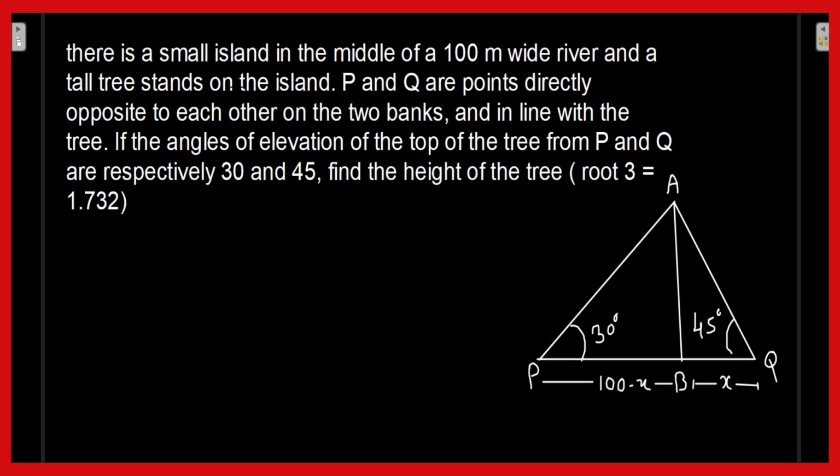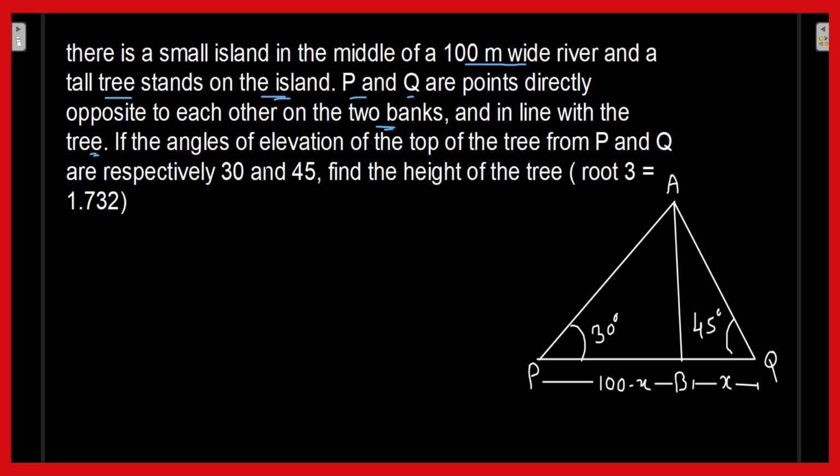Now here the question is, there is a small island in the middle of a 100-meter wide river, and a tall tree stands on the island. P and Q are the points directly opposite to each other on the two banks and in line with the tree.